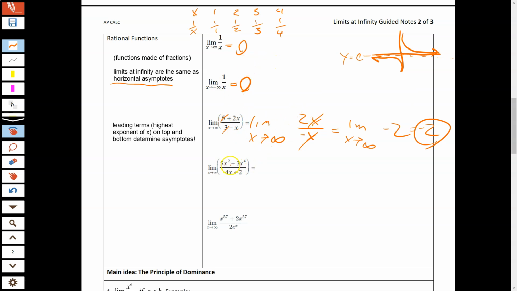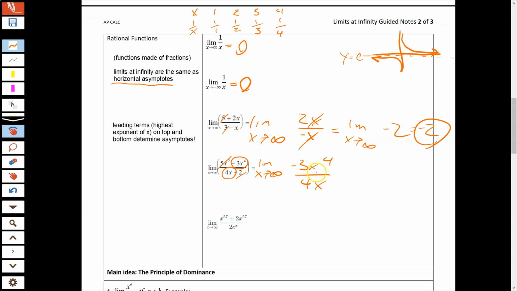Let's look for leading terms in our next one. So notice we have -x to the 4th here, and then 4x on the bottom. Okay, so I can ignore my smaller powers on top and bottom. So ignore that. And then let's think about what's happening here.